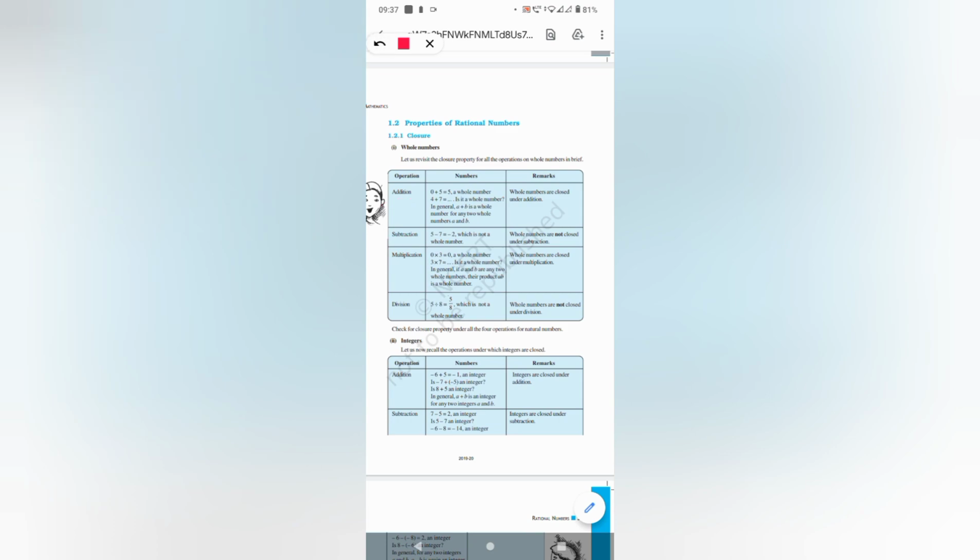Multiplication, like 0 into 3 is equal to 0, which is a whole number, so whole numbers are closed under multiplication also. Division, like 5 divided by 8 is equal to 5 upon 8, which is not a whole number. So whole numbers are not closed under division. Division and subtraction are the two operations in which whole numbers are not closed, and addition and multiplication are those operations in which whole numbers are closed.